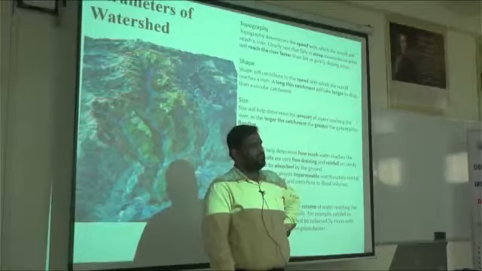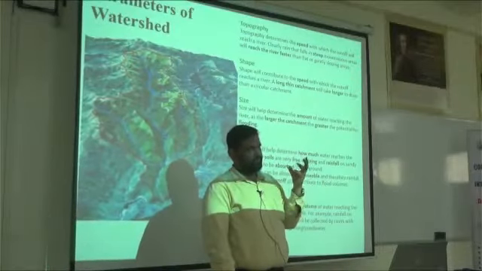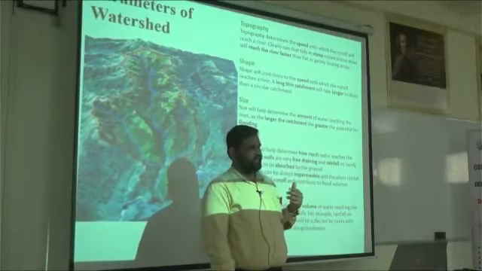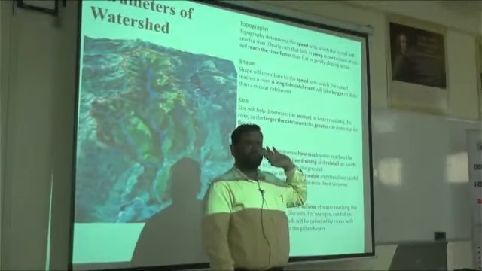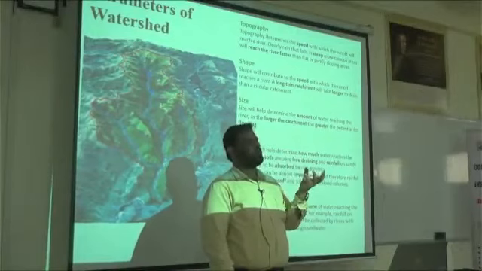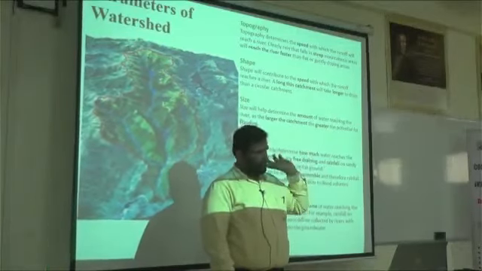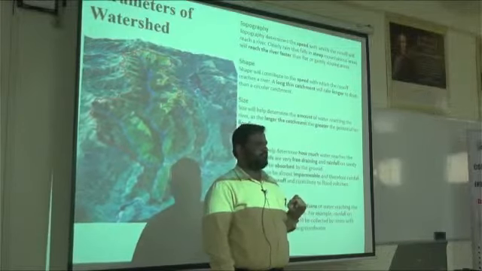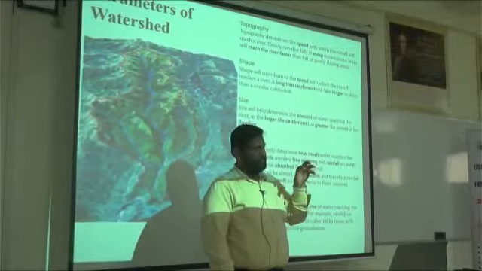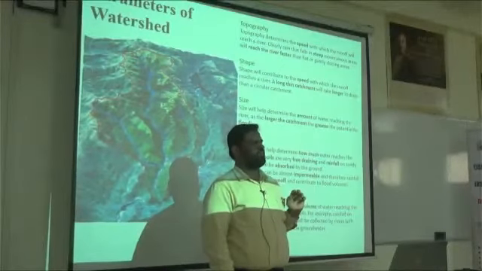Suppose you are using some kind of model in your urban catchment area. In that case, particularly the SWAT model might not work as well as it will work in an agricultural catchment area. So basically the SWAT model is developed for agricultural catchment areas only.